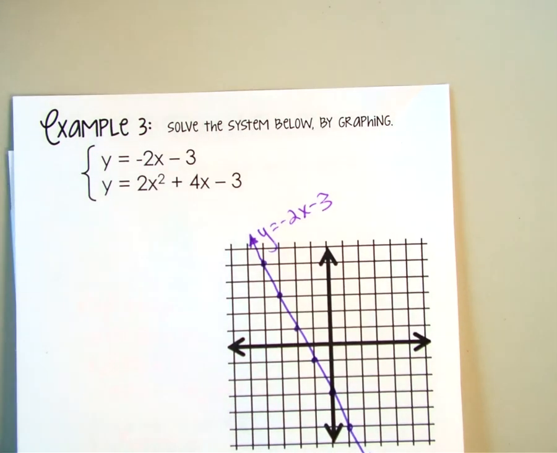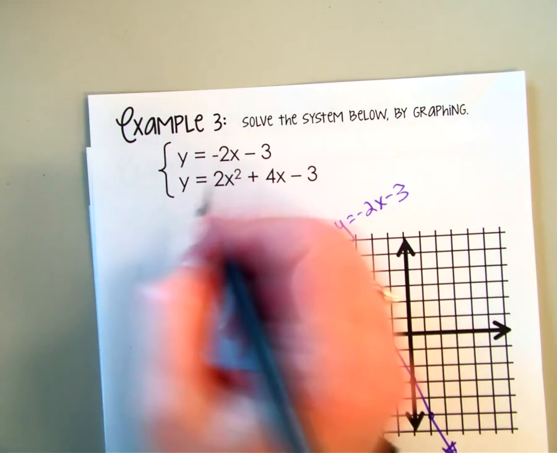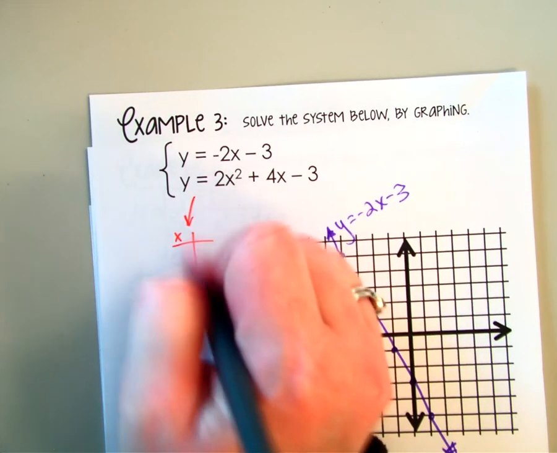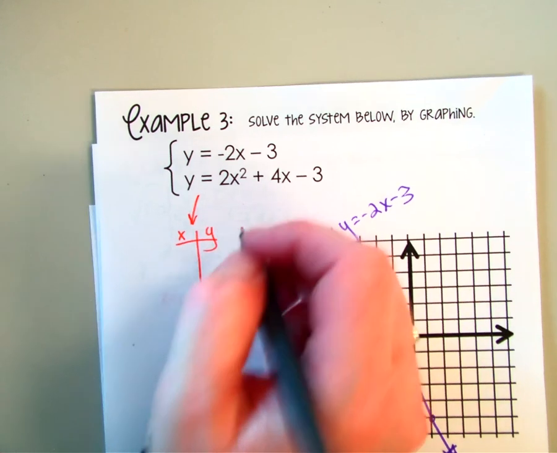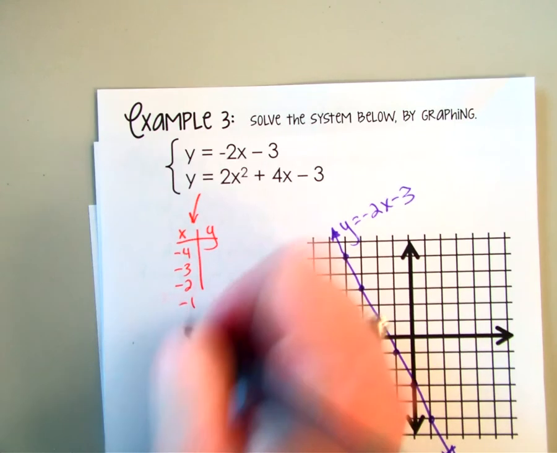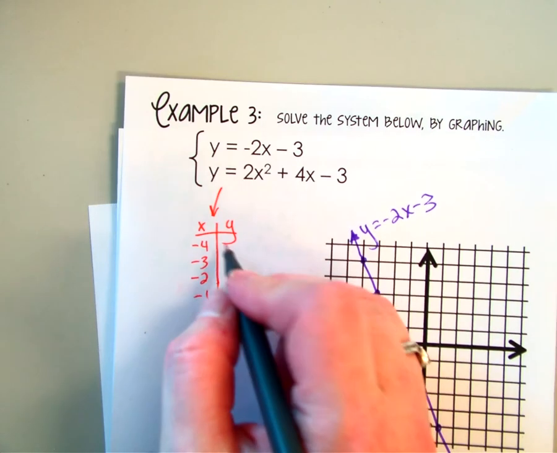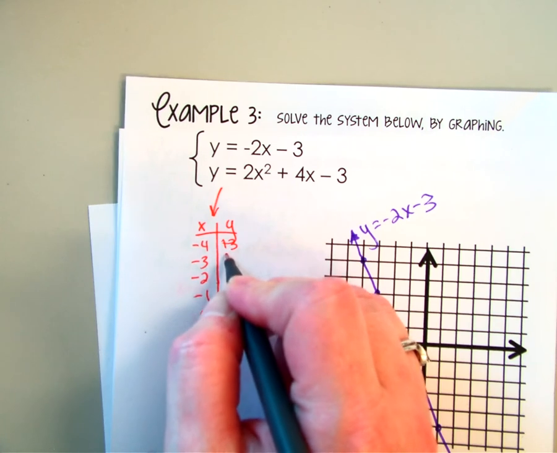Especially make sure you label it, because if you have more than one thing on a graph, like here we will, you definitely want to make sure you are labeling. So then I'm going to get a table here. I'm going to go from negative 4 to 2. Remember, use that calculator to help you with your table if you need to.